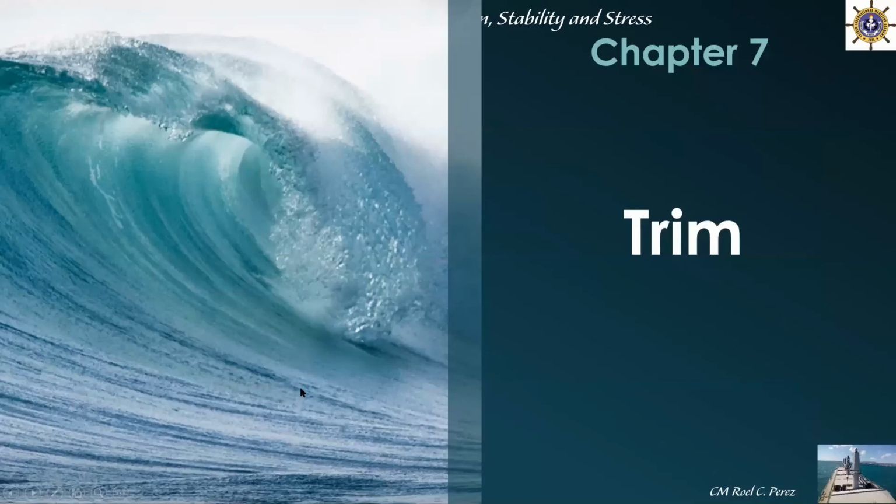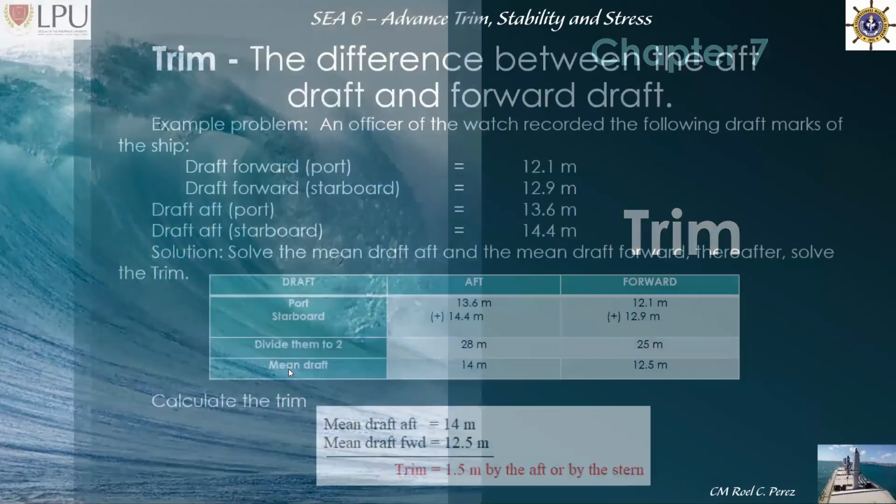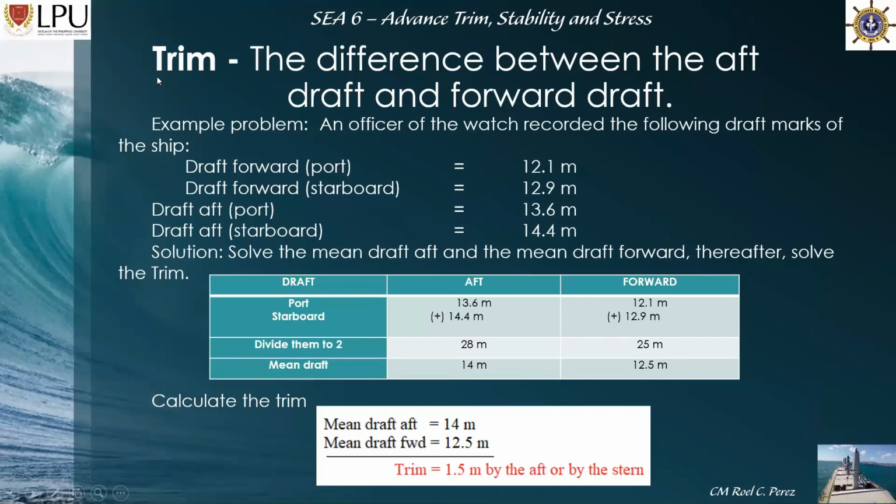Okay, so this is chapter 7, trim. So trim is the difference between the aft draft and the forward draft, as mentioned by Patrick. So, example problem, an officer of the watch recorded the following draft marks of the ship.